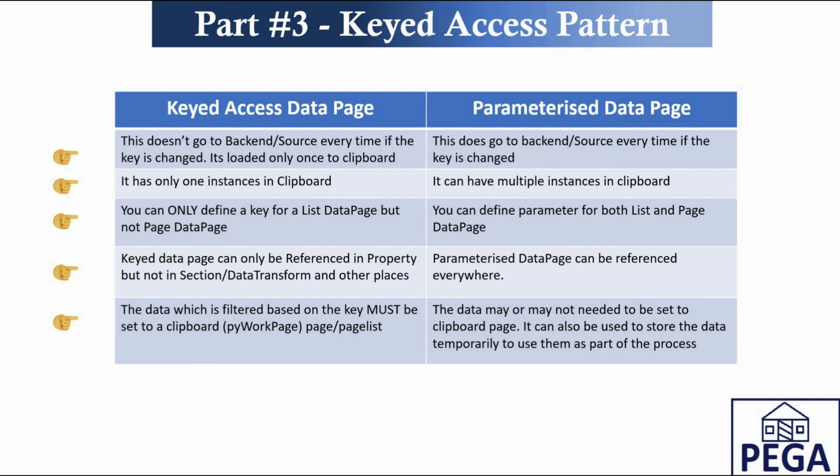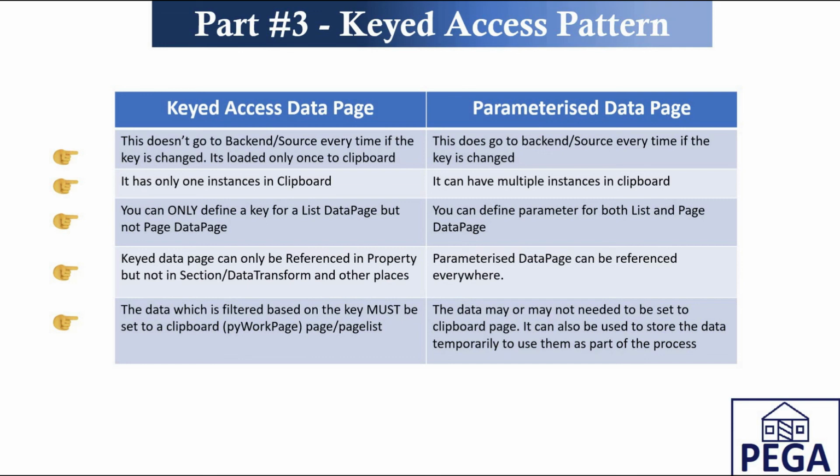Now, in keyed database, you can only define a key for a list database, but not a page database. However, for parameterized database, you can define a parameter for both page or list database. Now, keyed database can only be referenced in a property, as I have already shown you guys in the practical.